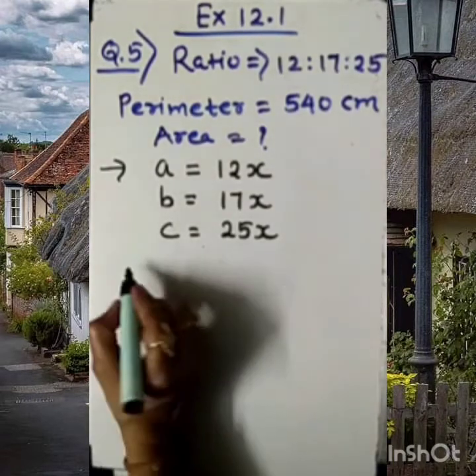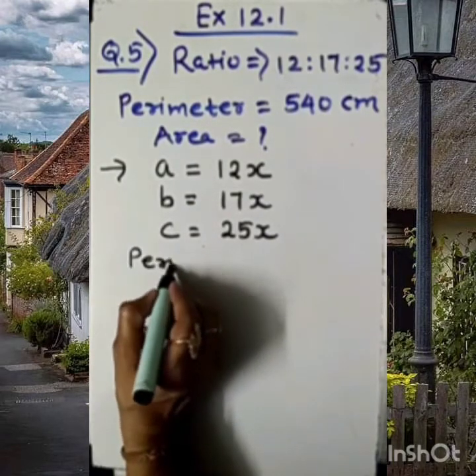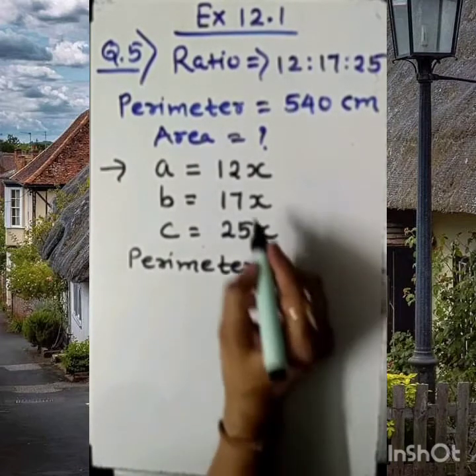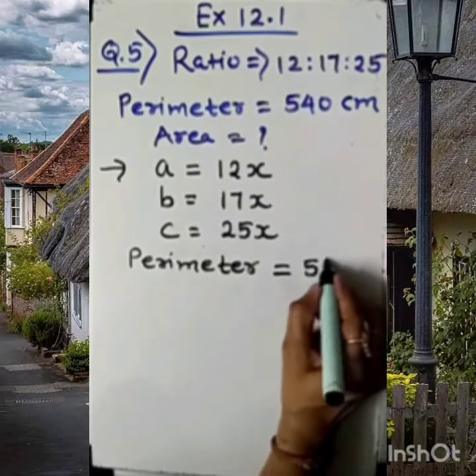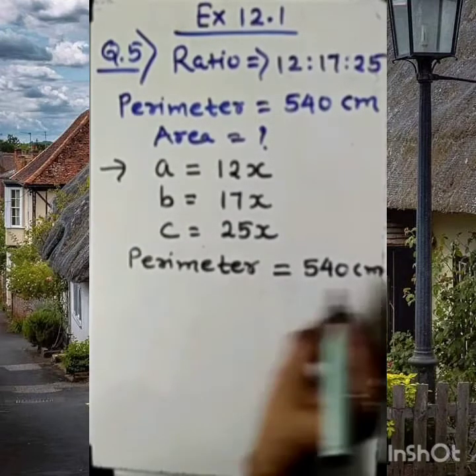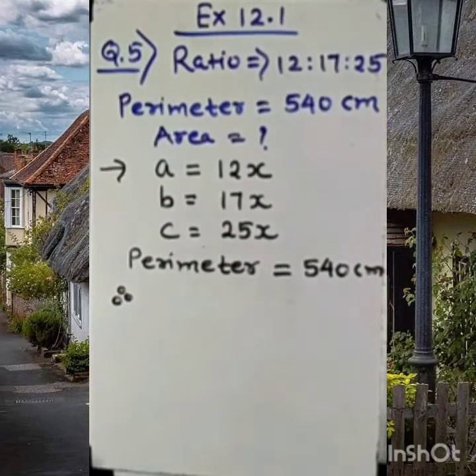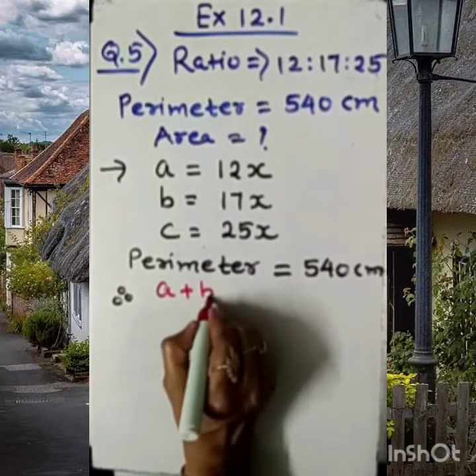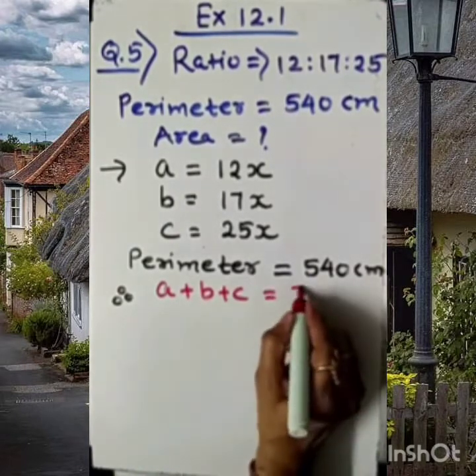We know that the perimeter of a triangle is given as 540 centimeter. Perimeter means the sum of all three sides, a plus b plus c, that is 540.